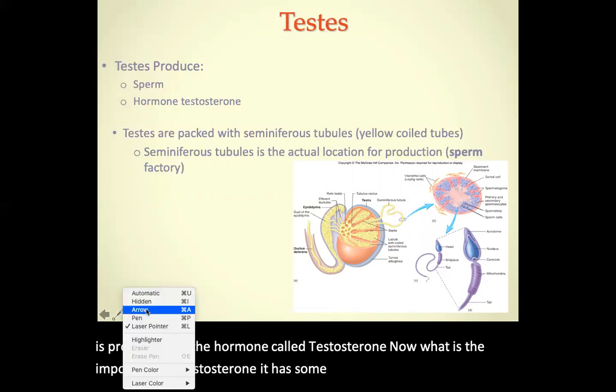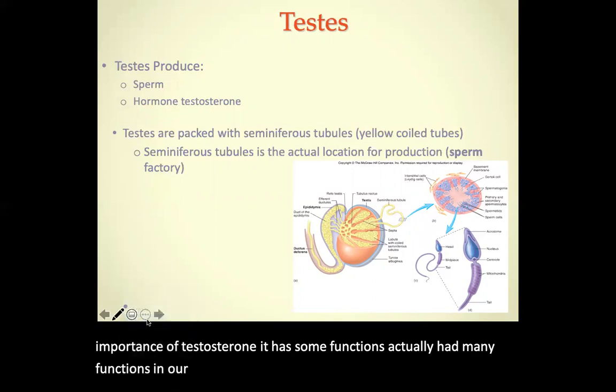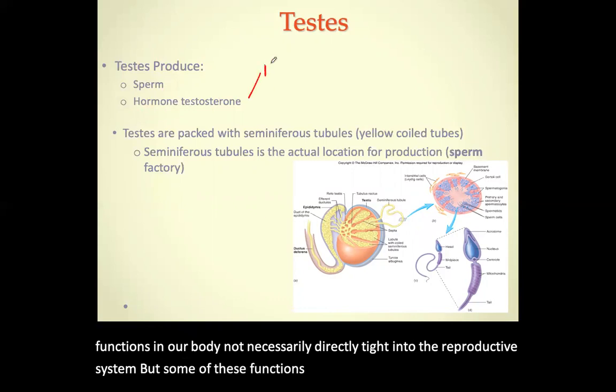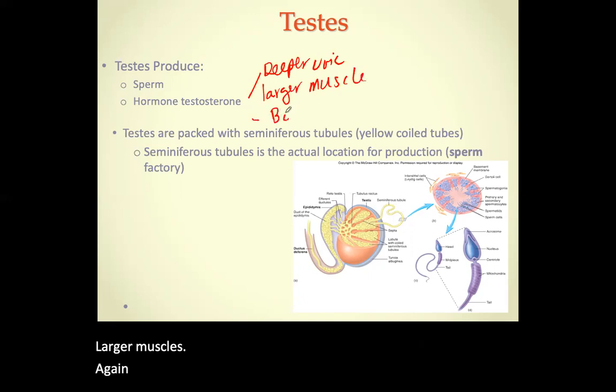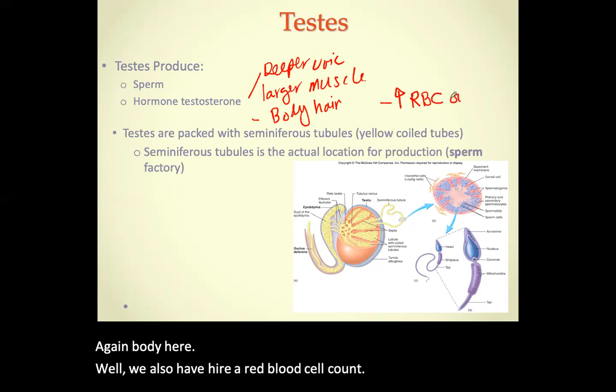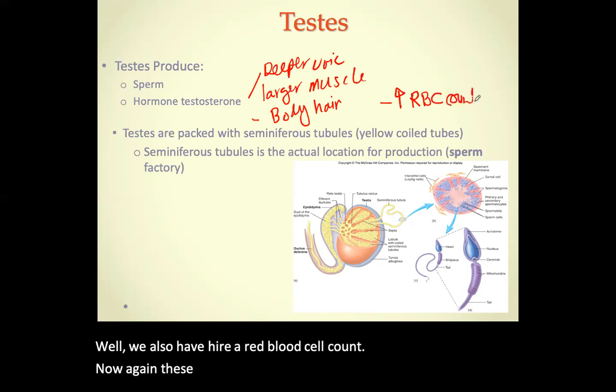Actually, it has many functions in our body, not necessarily directly tied into the reproductive system, but some of these functions include deeper voice in males, larger muscles, body hair. We also have higher red blood cell count. Now, again, these are not the only ones.